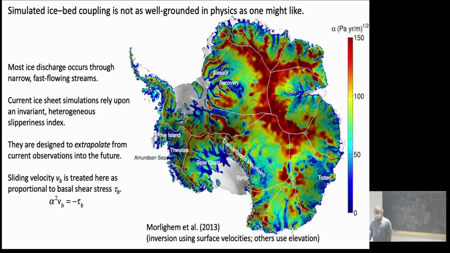So what we have here is that in the ice sheet model, we need a boundary condition that's going to tell us how fast we slide at a given basal shear stress. And in the model that Mathieu Morlighem made, this is an inversion that went into his model, he has imposed this relationship between sliding speed and shear stress of the bed.